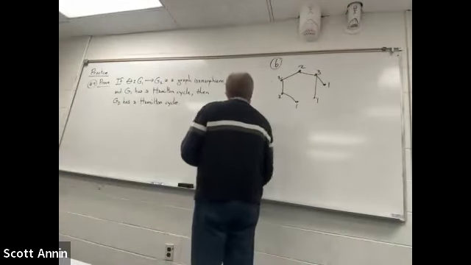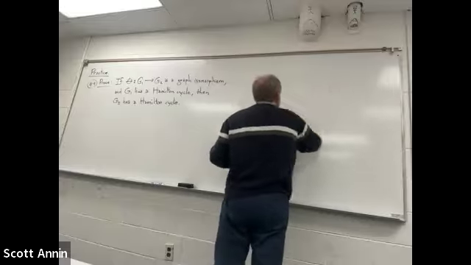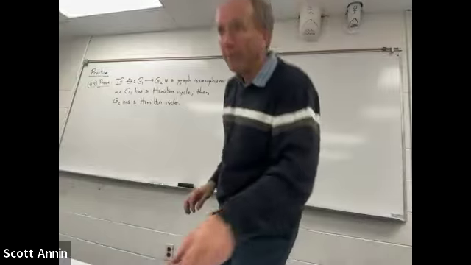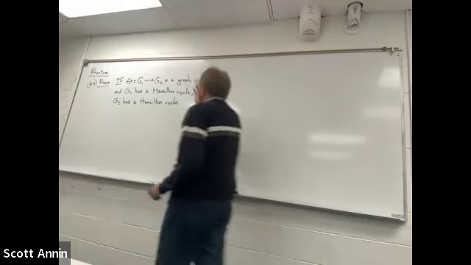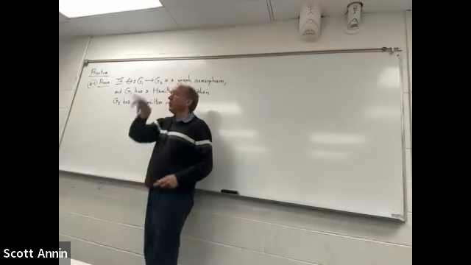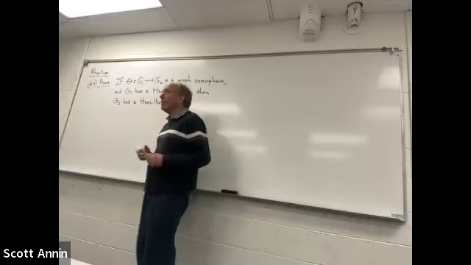This is an interesting one to try to write down. If the first graph has a Hamilton cycle and it's isomorphic to another graph, the second graph has a Hamilton cycle.